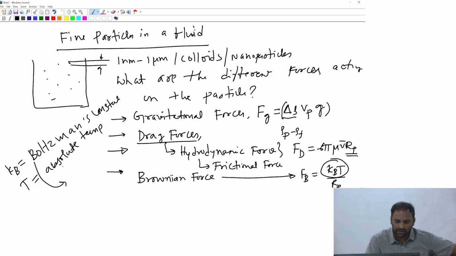The value of kB is something like 1.38 times 10 to the power minus 23 joules per Kelvin.